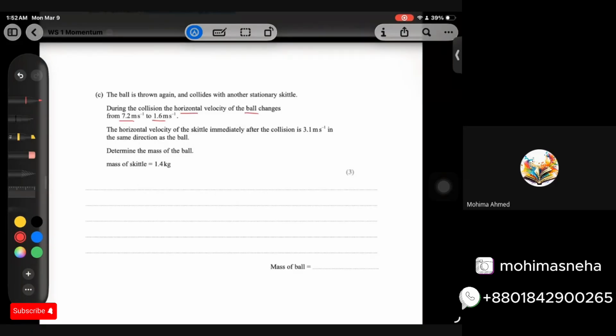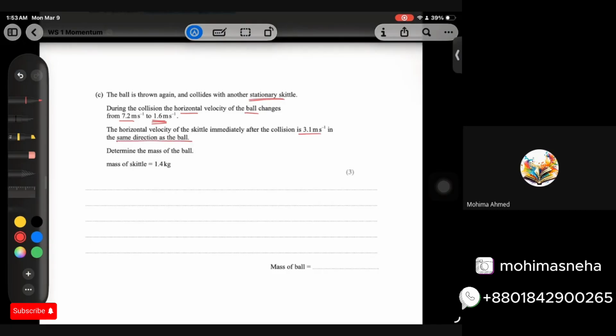After the collision, it decelerates but continues to move to the left. That's why it has a velocity of 1.6, not minus 1.6. Minus would have indicated the ball reversed its direction. The horizontal velocity of the skittle after the collision was 3.1, because before collision the skittle was stationary, and in the same direction as the ball.